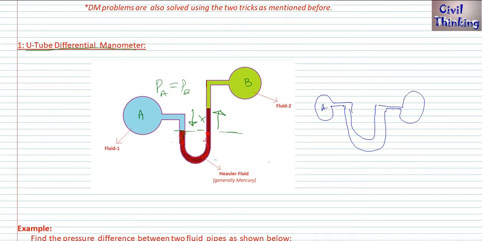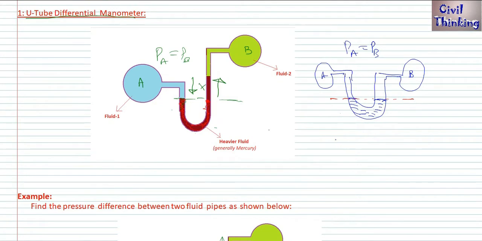This is A and this is B. Now if PA is equal to PB, the level of mercury would be the same on this line, right? The level would be the same here and here. Now if PA is more than PB, what would happen?